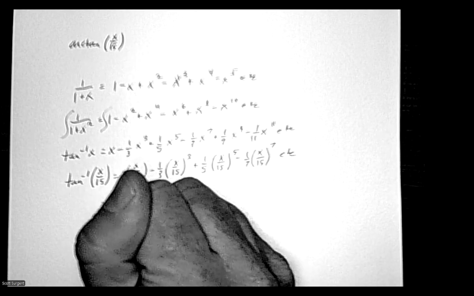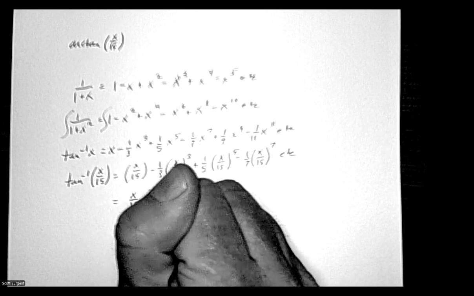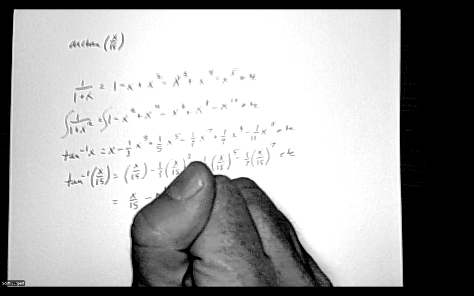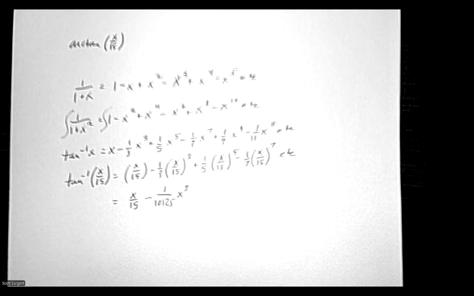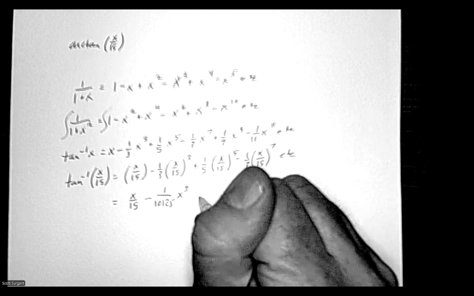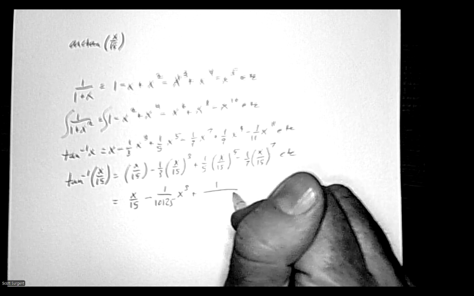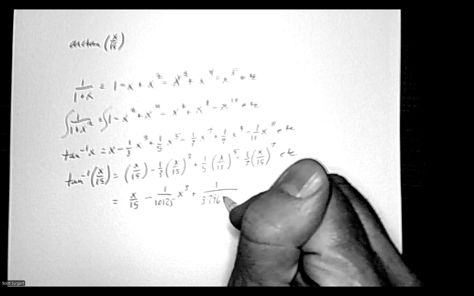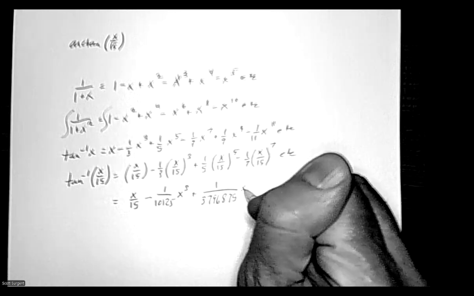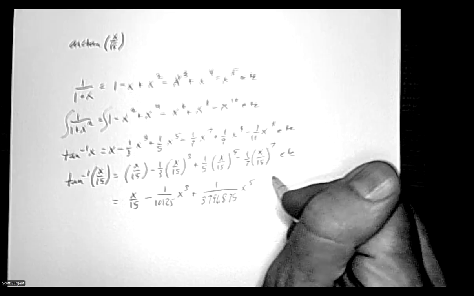So if I show you it all, it's going to be x over 15, and then it's going to be 1 over 10,125, x to the third. I'll do a couple more. Geez, yeah, the numbers get huge. It's going to be 1 over 3,796,875, x to the 5, etc.